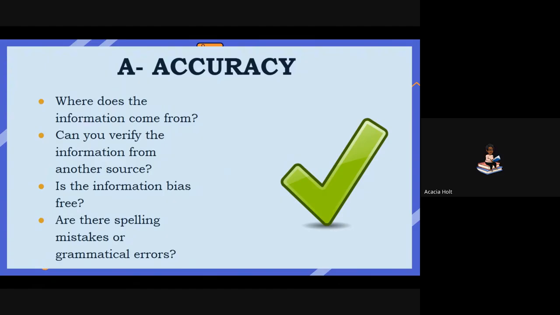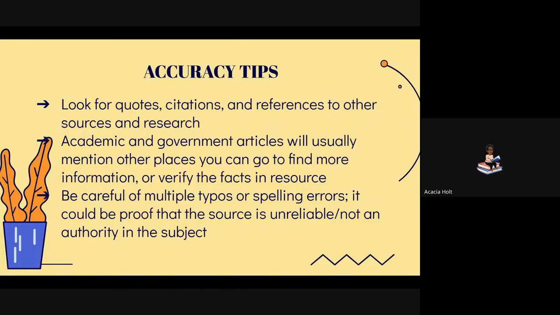If there are mistakes when you pull up an article, this person didn't take the time to proofread their information, I wonder, did they really do the proper research? So I wouldn't trust something that has a lot of mistakes in it. Okay, when you're looking for if something's accurate, like I said before, see if they have quotes, citations, if they reference other sources.